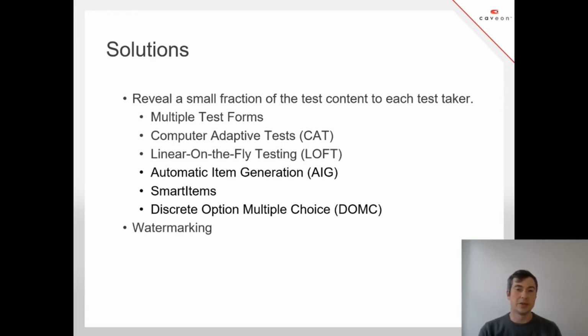Some of them include using multiple test forms, computer adaptive tests, linear on-the-fly testing, automatic item generation, smart items, discrete option multiple choice. And so I think that's the pinnacle of how to either prevent the effect of theft or reduce it dramatically.